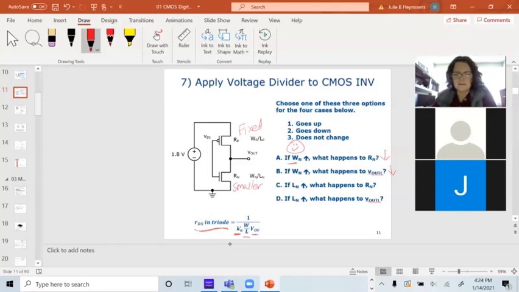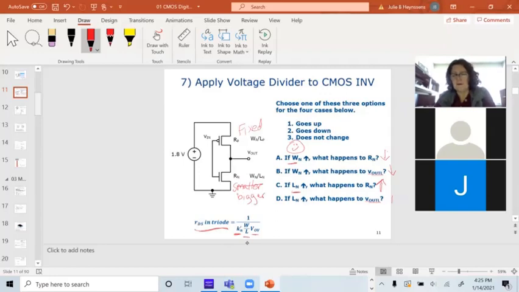Now, if Ln goes up, it's proportional to W over L, so an L in the denominator of the fraction is going to cause the resistance to go up. If I increase this L, my Rn goes up. This, instead of getting smaller, gets to be bigger. I have a bigger resistance when it's on.